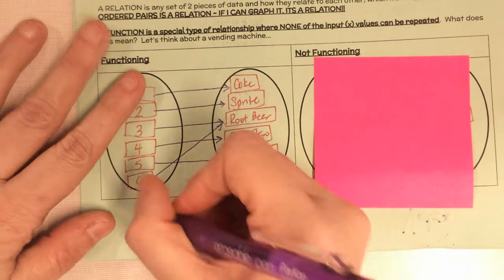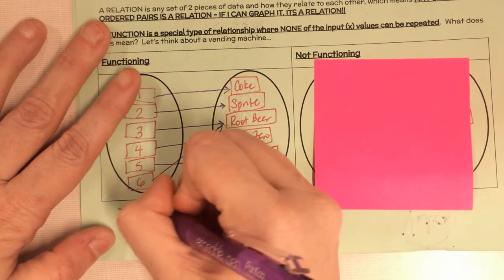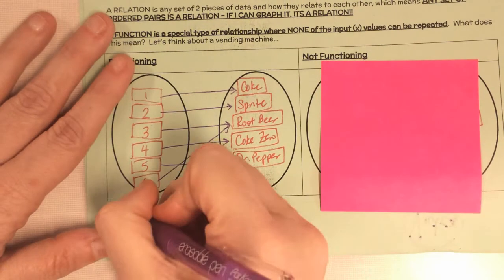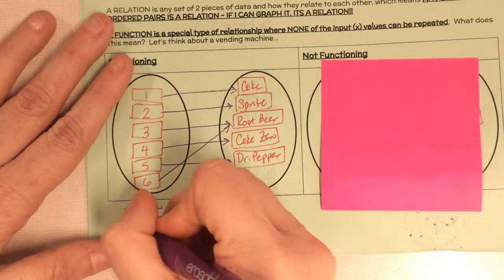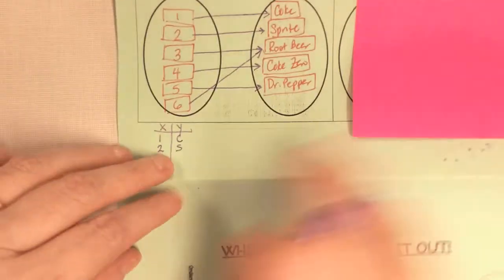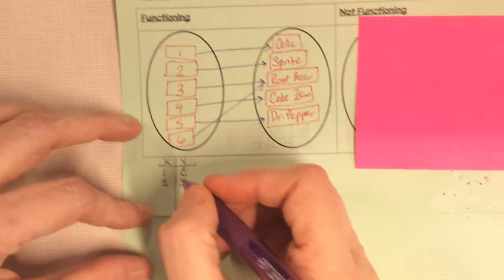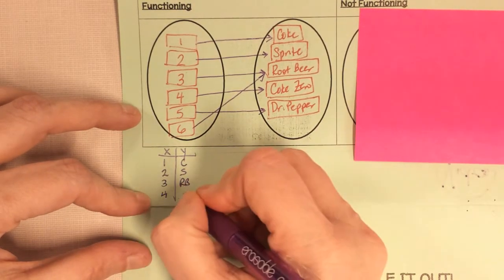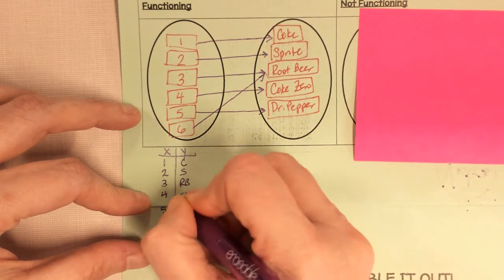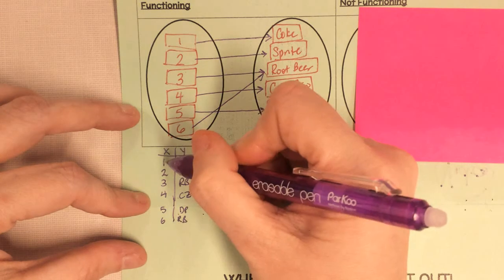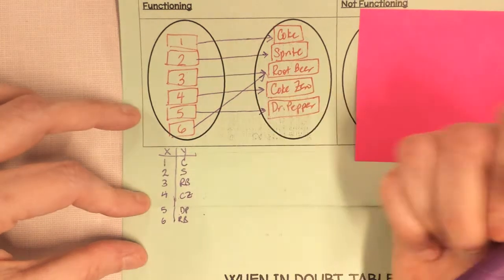If we drew this as a table, we're just going to summarize really quickly. 1 would give me a Coke, 2 would give me a Sprite, 3 gives me root beer, 4 gives me Coke Zero, 5 gives me Dr Pepper, 6 gives me root beer. Do any of these numbers repeat?